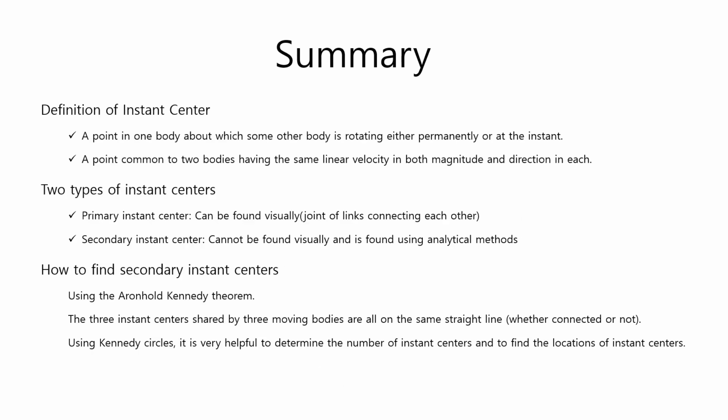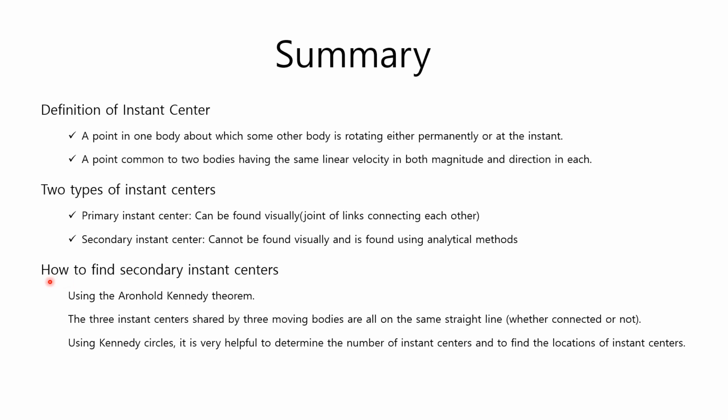Instant centers can be defined in 2 ways. First, a point in one body about which some other body is rotating either permanently or at the instant. Second, a point common to 2 bodies having the same linear velocity in both magnitude and direction in each. There are 2 types of instant centers. Primary instant centers can be found visually because they are joints of links connecting each other. Secondary instant centers cannot be found visually and are found using analytical methods.